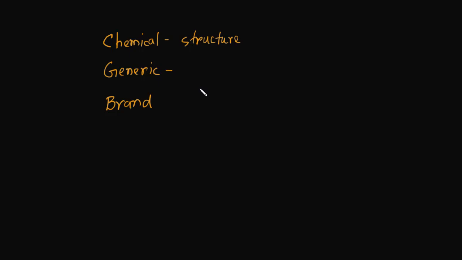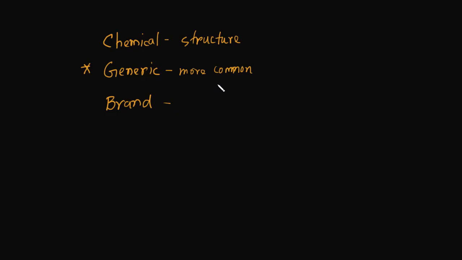The next one is the generic name. The generic names are less complicated and more commonly used, and they are also a little bit easier to remember. And usually when the FDA talks about a drug, they usually say the generic name.